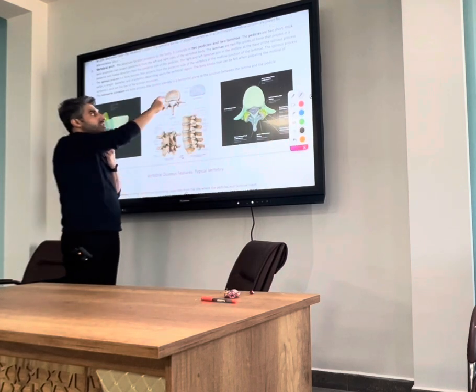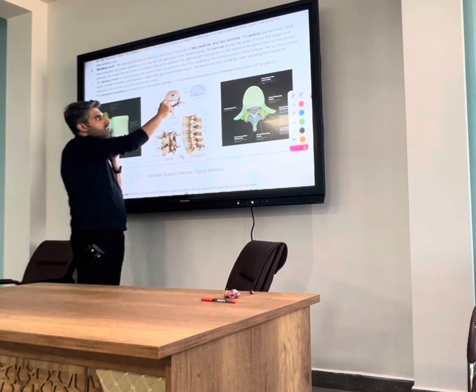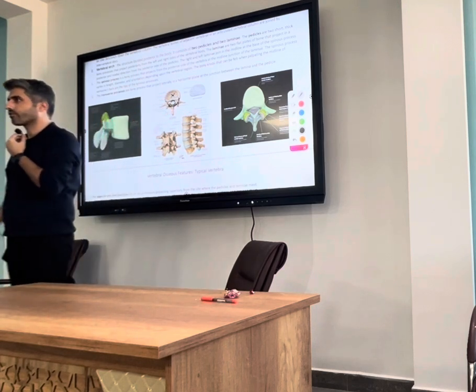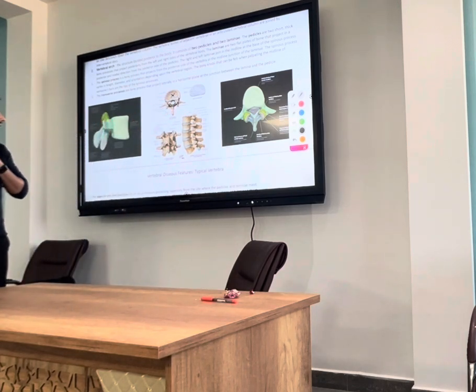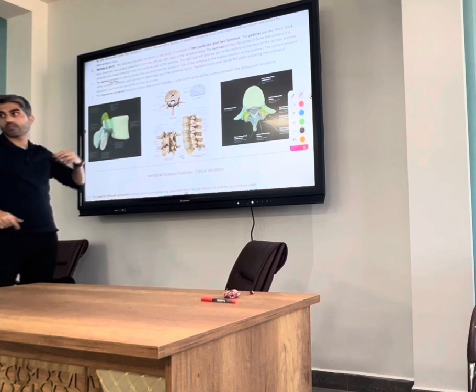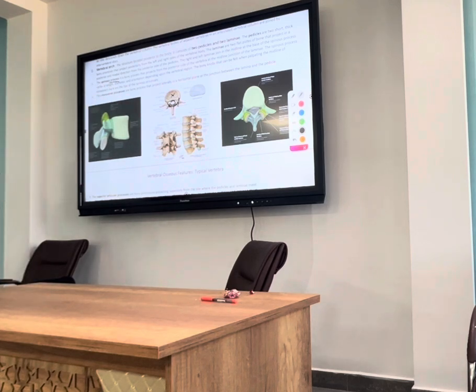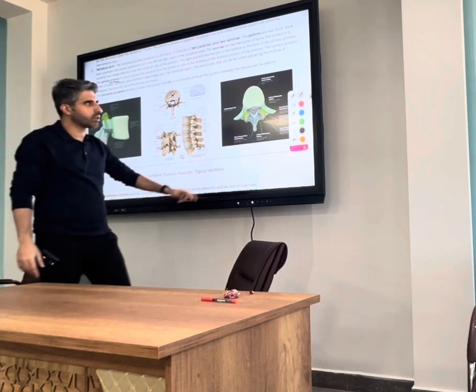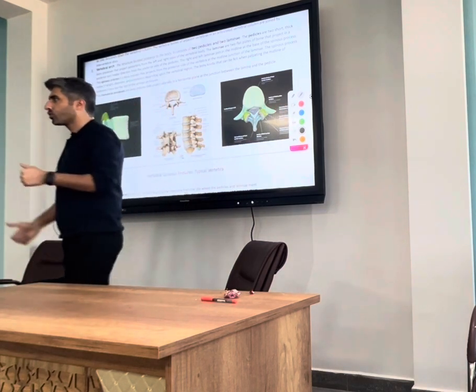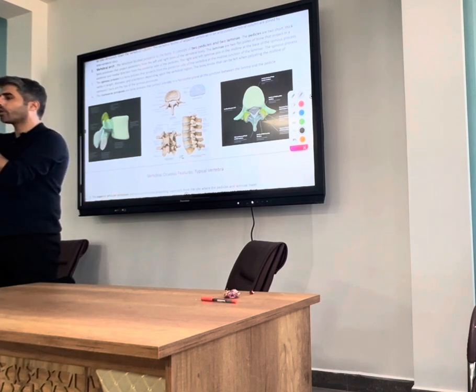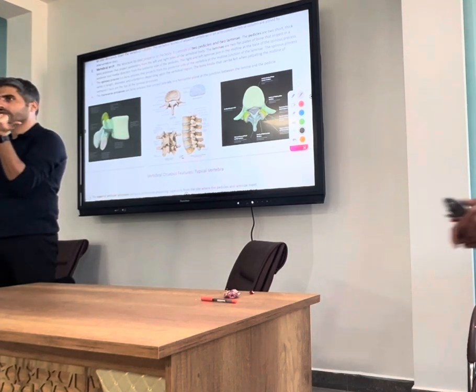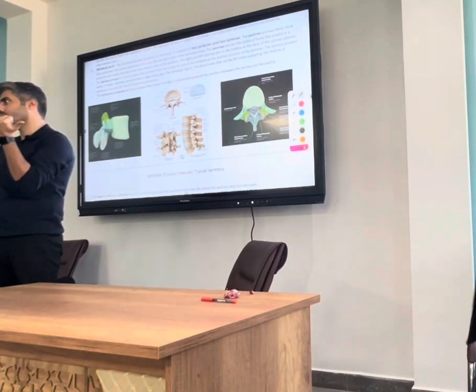So this is body, this is arch, and this is foramen, vertebral foramen. After that, we have some process. How many processes can we see in one vertebra? Two transverse processes.